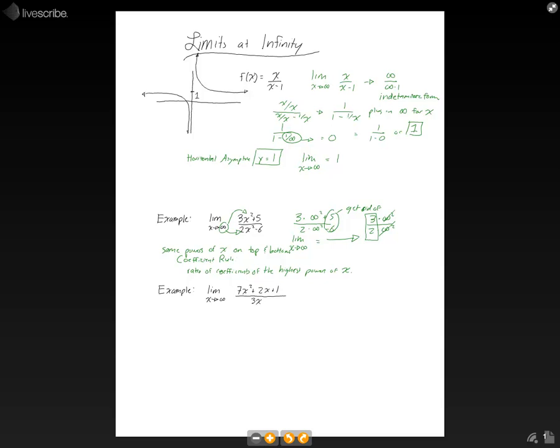So what we're going to do is let's use the substitution, finding limits by substitution. Let's plug infinity in for x. And we'll get 7 times infinity squared plus 2 times infinity plus 1 over 3 times infinity.